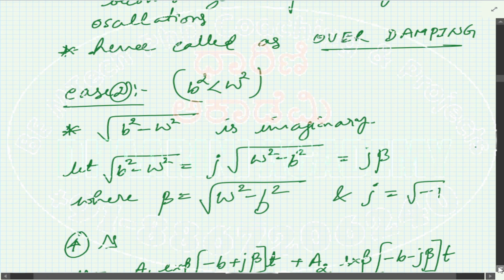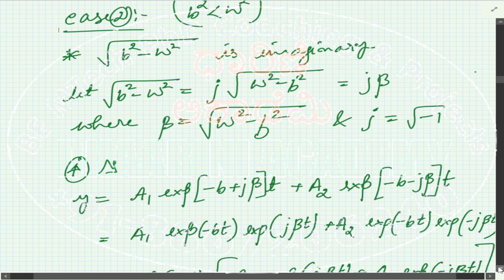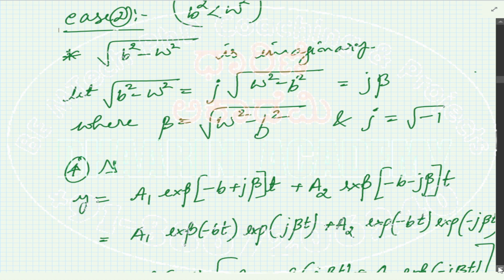Then we have the next case, which is b square less than omega square. So the term root of b square minus omega square becomes equal to root of omega square minus b square times j, where j is equal to root of minus 1.